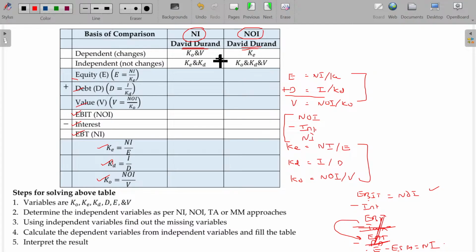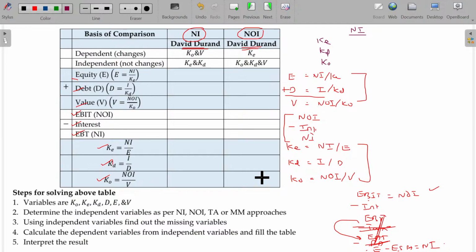Now, the main idea that you have to keep in your mind is what? In the NI approach, what are the things we have? KE, KD, KO.